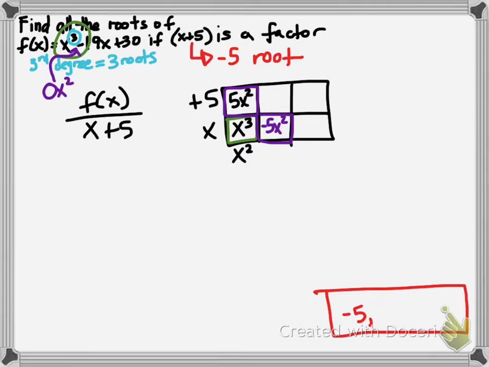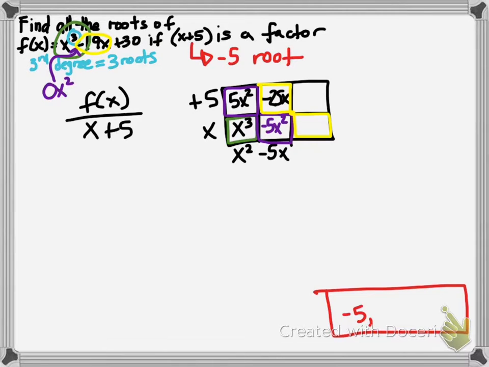Well, if that is there, then now I can get my outside number. This has to be a negative 5x, and that means I have negative 25x. All right, now these 2 boxes of my x terms have to make my negative 19x.